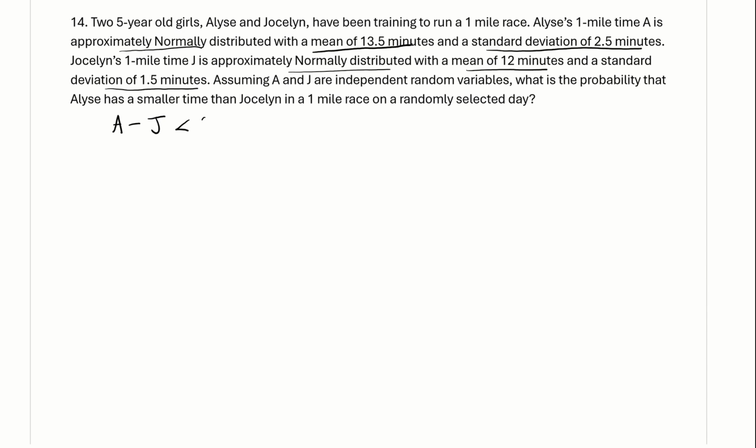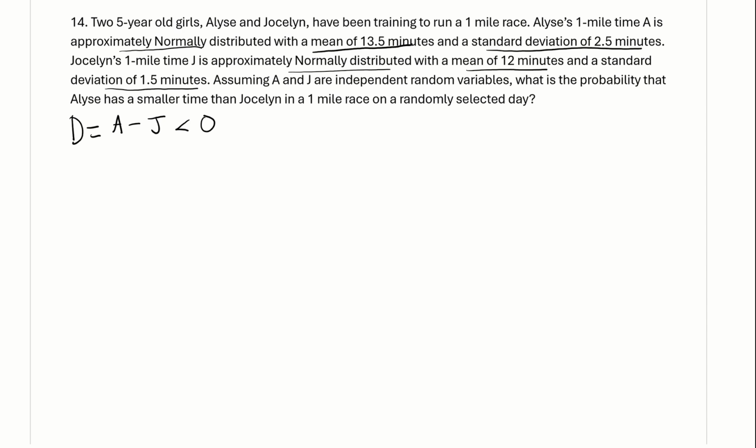We want it to be less than 0. Elise has a smaller time than Jocelyn. When I subtract Elise's time by Jocelyn's, I should get a negative number. Let's call this random variable D for the difference. And we want to find the probability that D is less than 0. Essentially, that's what we want to look for.